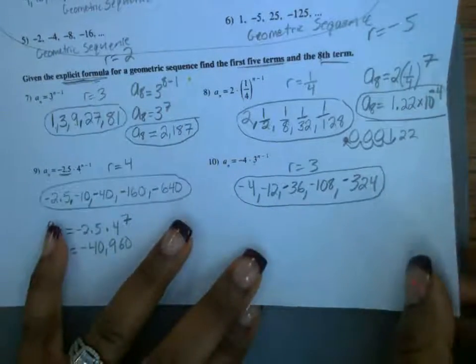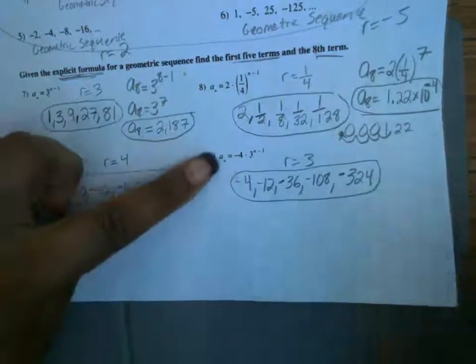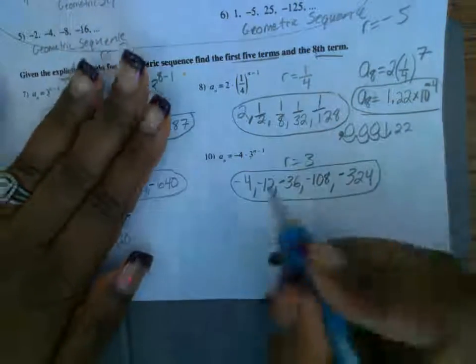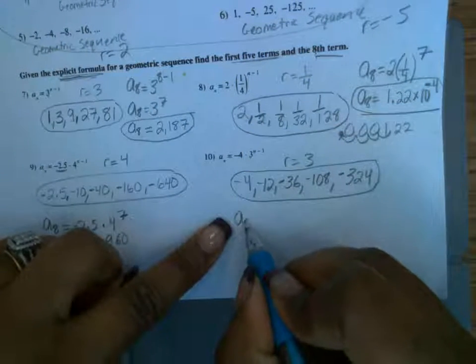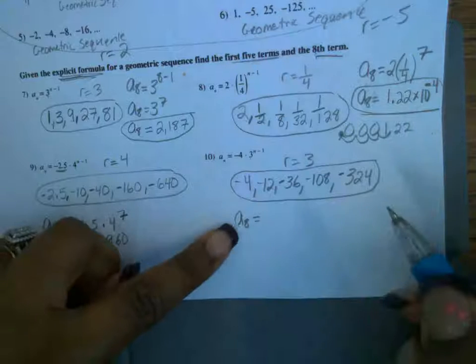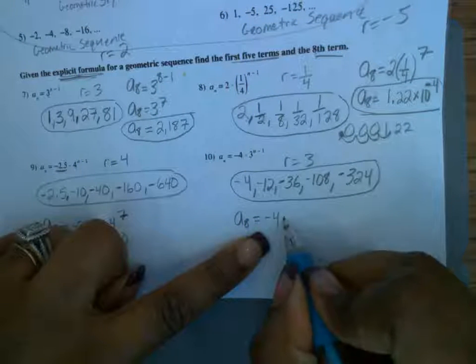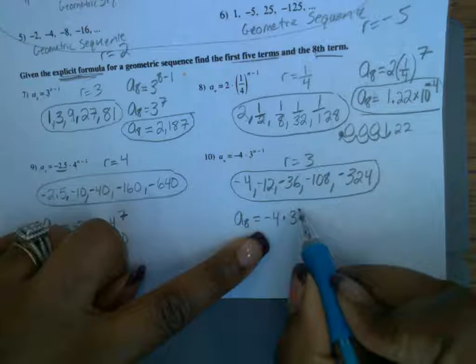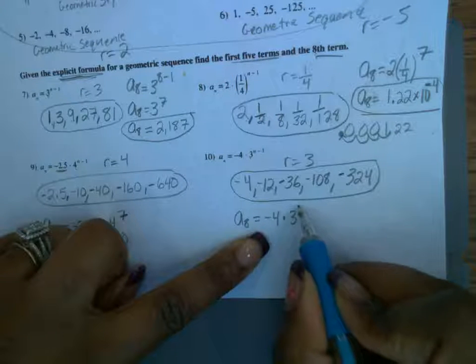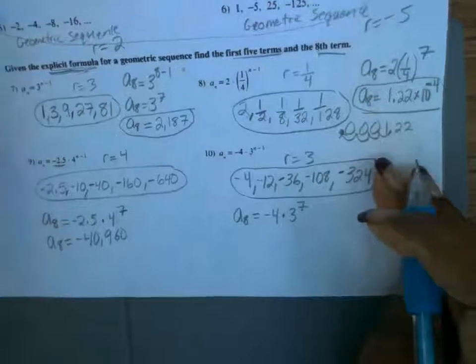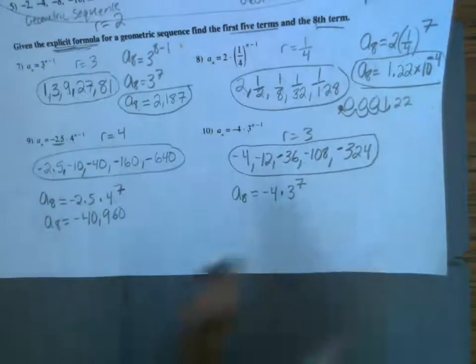So now I want to figure out my 8th term. So I'm going to substitute 8 into the explicit formula. So this is a sub 8. The 8th term is equal to -4 times 3 to the 8 minus 1 power. 8 minus 1 is 7. Okay, so this is what we're going to type in.